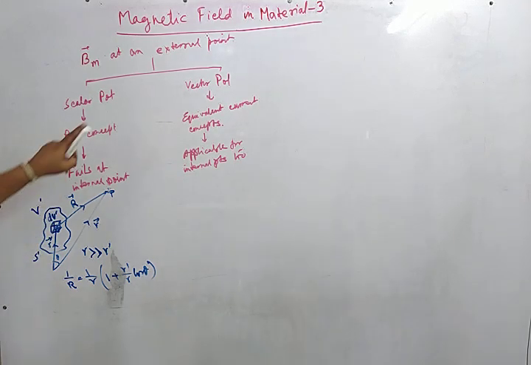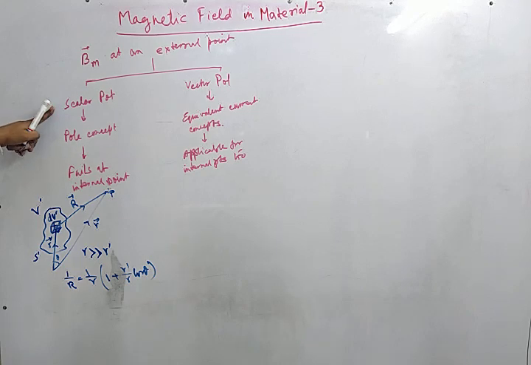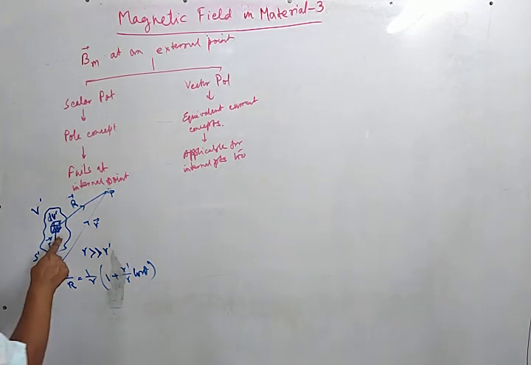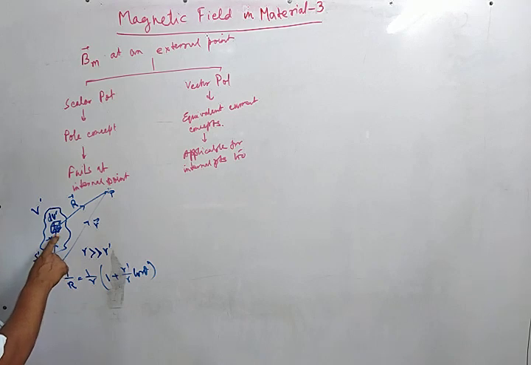But whenever we want to apply the scalar potential approach, or the so-called pole formalism, at an internal point, the calculation fails, in the sense that it leads to an erroneous result. The reason is that within the magnetized material there are bound currents, so the current density is not zero, and one cannot define a scalar potential within the magnetized material.